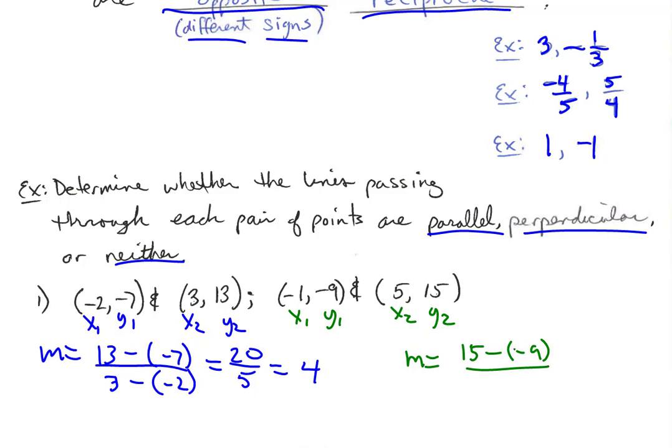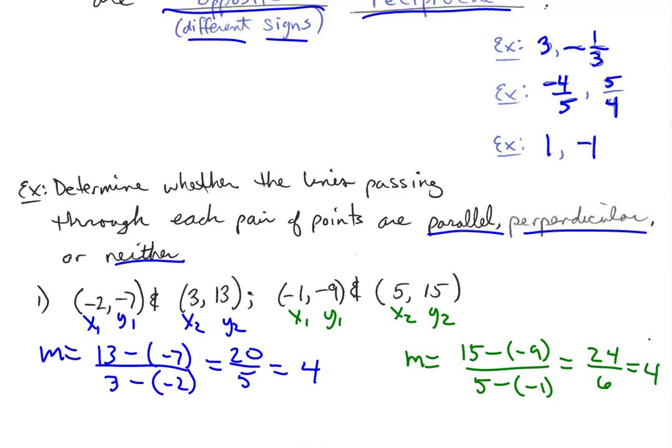And then down below, we have x2, which is 5, minus x1, that means minus negative 1. So again, be careful with the double negatives, and the parentheses really help with that. That means in the numerator we have 15 plus 9, which is 24. And in the denominator we have 5 plus 1, which is 6. Of course, you can reduce. 24 over 6 is 4.